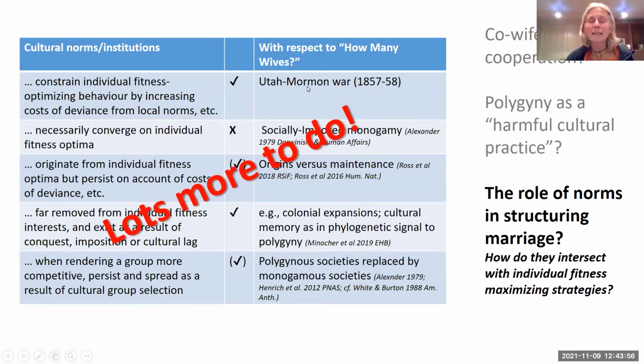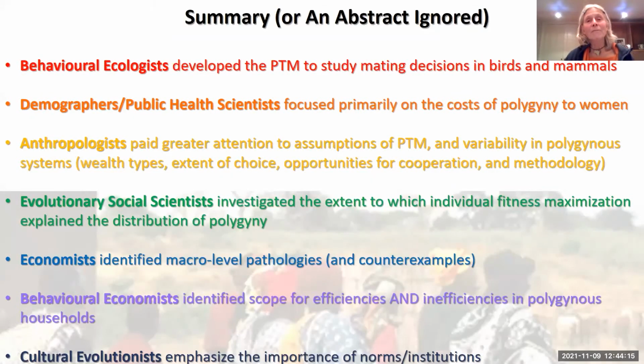To summarize, as you can see from my positions here, there's a lot of uncertainty about how we're going to link this understanding of norms evolution with how they intersect with individual fitness interests. So to summarize, this is basically the abstract that I didn't present.